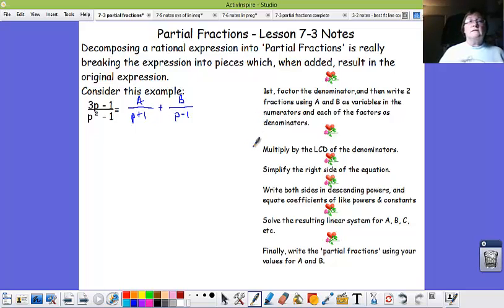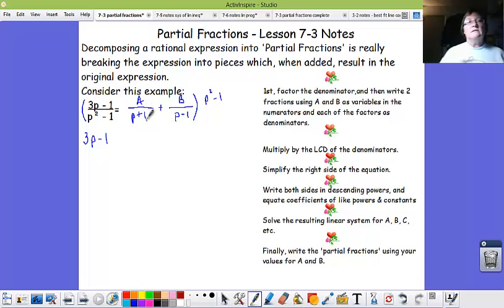The next step is to multiply through by the lowest common denominator of all the denominators. And folks, that would be the denominator, p squared minus 1. So we're going to multiply through everywhere by p squared minus 1. That's totally going to get rid of the denominator over here, 3p minus 1, because that will cancel itself out.